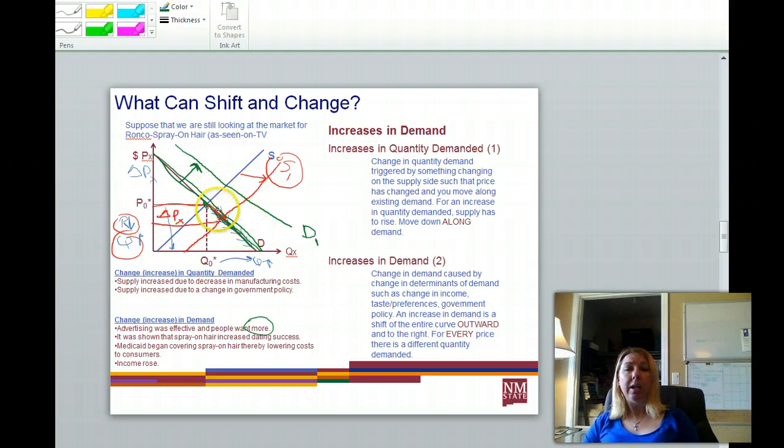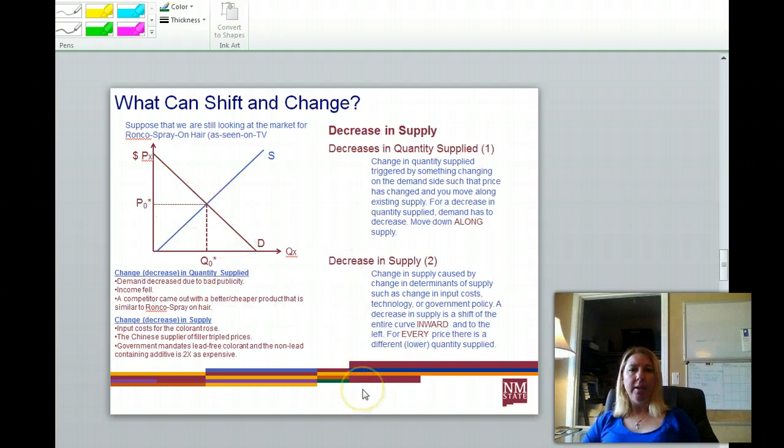In this case, something that increased demand causes us to shift our demand curve out and to the right, so we then move along the supply curve. We have a new higher price in the marketplace, and we have a higher quantity in the marketplace too. And so anytime you have an increase in demand, you're going to see an increase in price and an increase in quantity supplied.